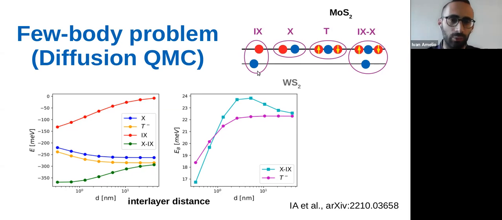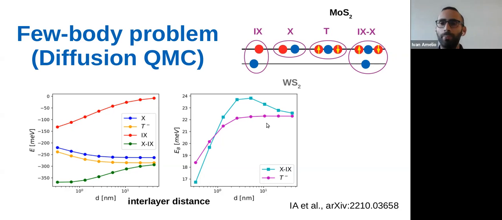This can be done using diffusion Quantum Monte Carlo and using realistic values chosen to match the experimental exciton and trion binding energies, basically. One can compute the binding energy of this biexcitonic object, that is once again the bound state of an intralayer exciton, our probe, with an interlayer exciton, our object in the ground state.